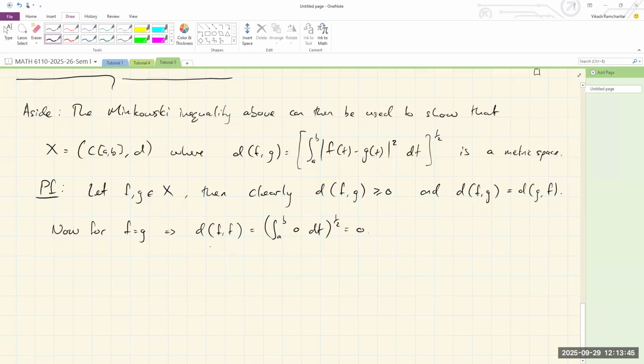Since you're dealing with the integral, that does not always mean that the two functions are the same. So for d of f and g equal to zero, that only implies that f and g are equal to each other since f and g are continuous functions.